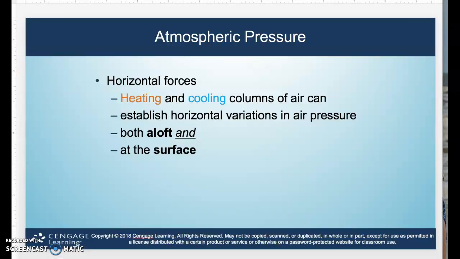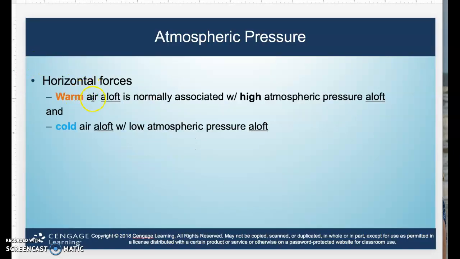was cooled. So what I want to point out to you is that warm air aloft is associated with high atmospheric pressure aloft. Okay, so warm air aloft is normally associated with high atmospheric pressure aloft.